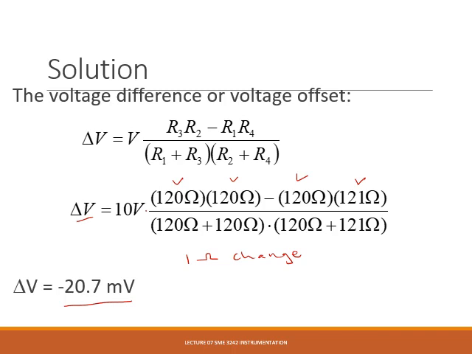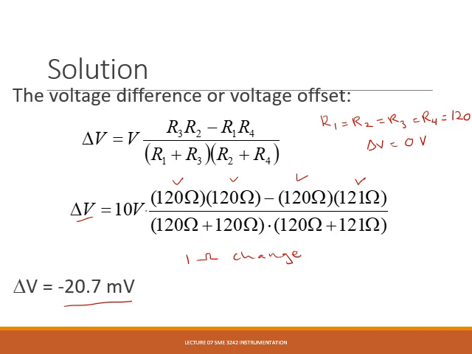You may consider this as follows: first, the values are chosen such that R1 equal to R2 equal to R3 equal to R4, all 120 ohm. Therefore, we know it will give us a null bridge, meaning that at the starting point, when all the resistors have the same value of 120 ohm, we get delta V equal to 0 volt.